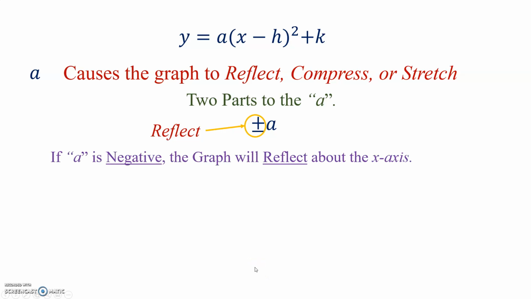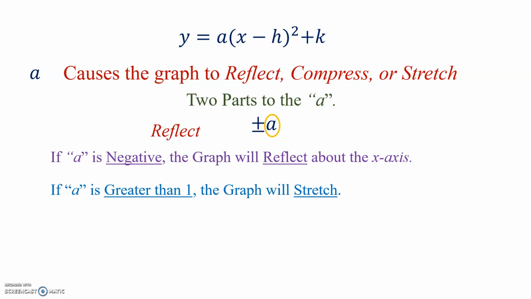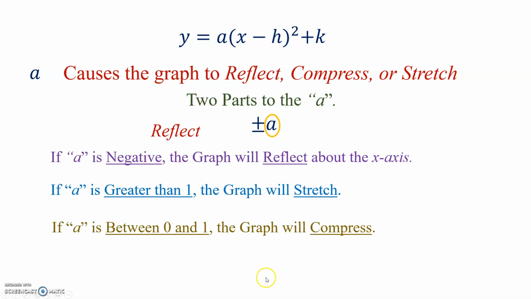Obviously, if a is negative, the graph will reflect about the x-axis. If it's positive, there won't be any reflecting. If we just focus in on the a now, if a is greater than 1, there will be a stretch. And if a is between 0 and 1, the graph will compress.